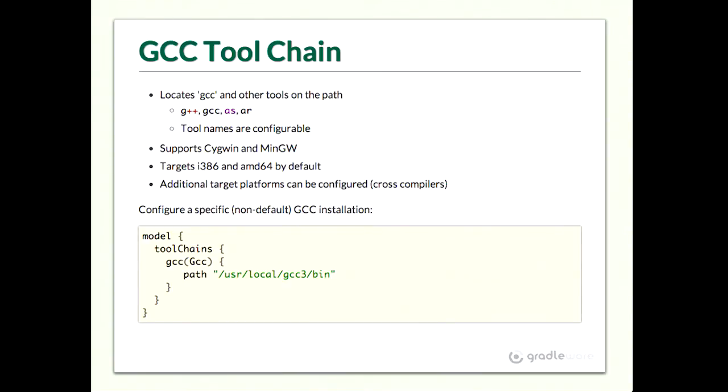So yeah, GCC, I think I mentioned before, supports both Cygwin and MinGW on Windows. MinGW is minimal GNU for Windows. It's just a port of GCC and a bunch of other GNU tools to Windows. It allows you to build command line apps from the command line in Windows without having Visual Studio installed.